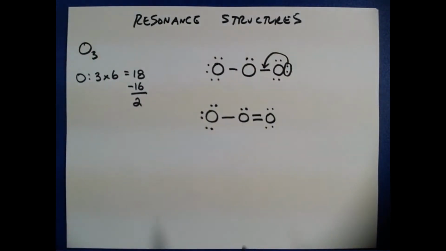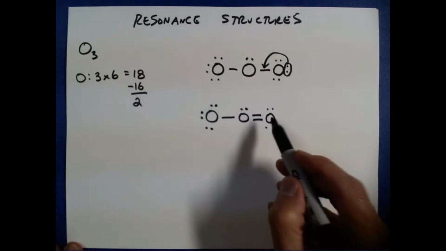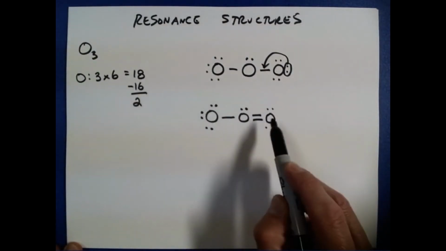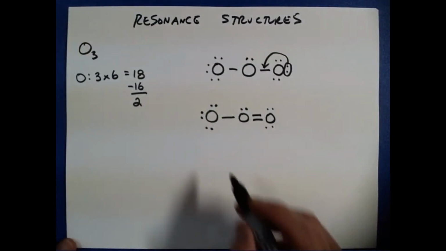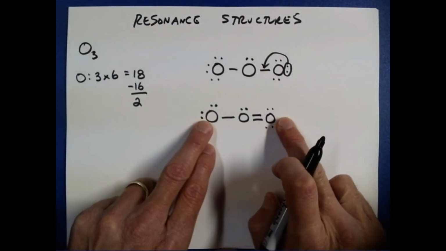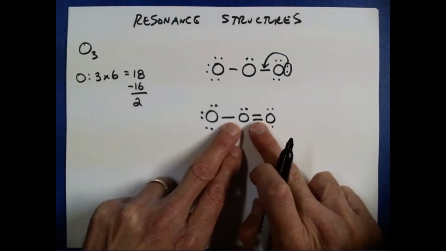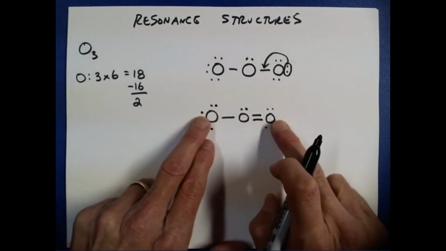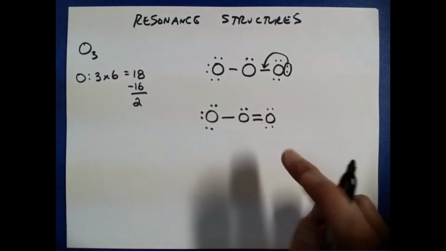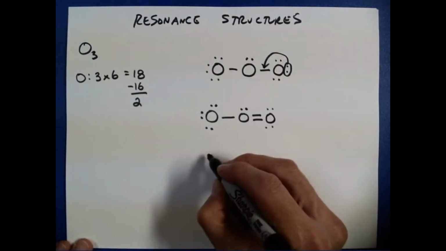But this sort of violates this idea that we've been describing where it's impossible to tell the difference between this oxygen atom and this oxygen atom. I mean, after all, it's just 2 oxygen atoms on the outside that are identical, connected to a central oxygen atom. And so you really aren't going to be able to tell the difference between these 2. And so I could have just as easily drawn this.